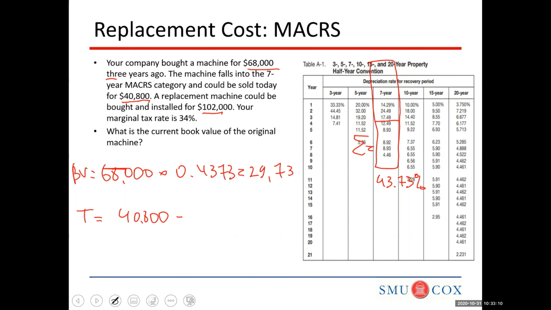Sorry, let me just add some decimals here: 29,736.4.